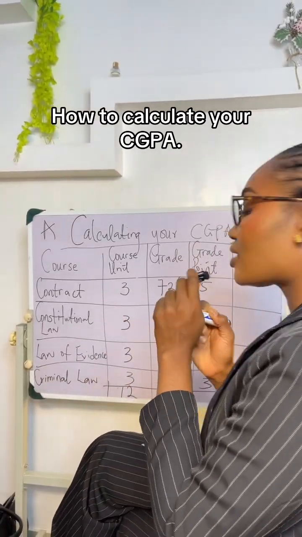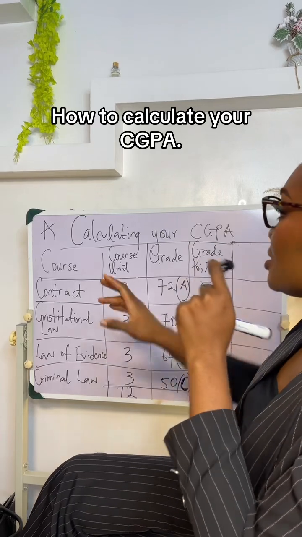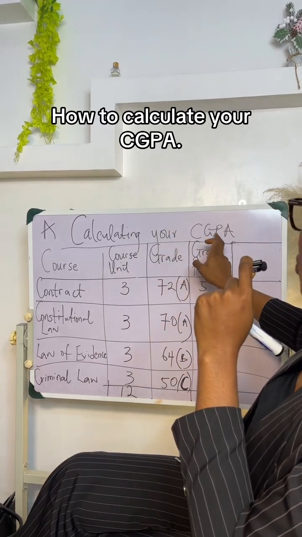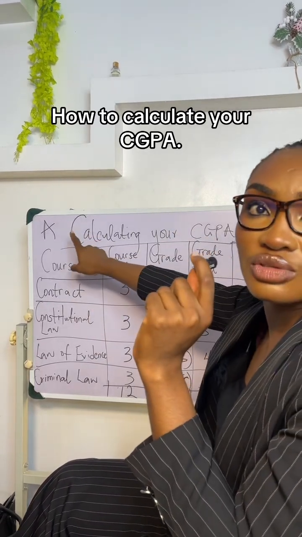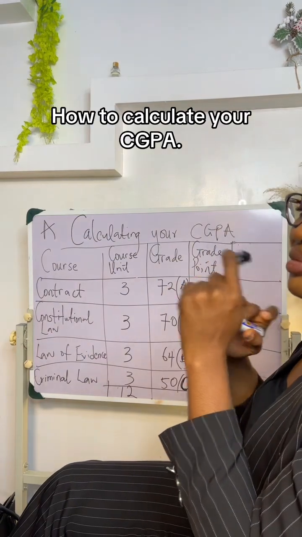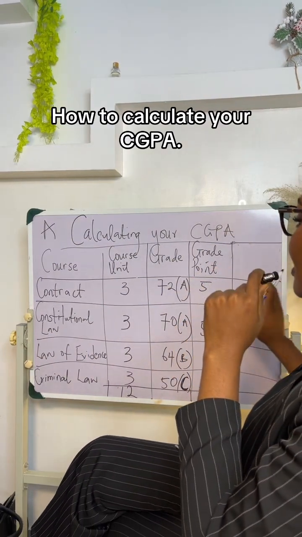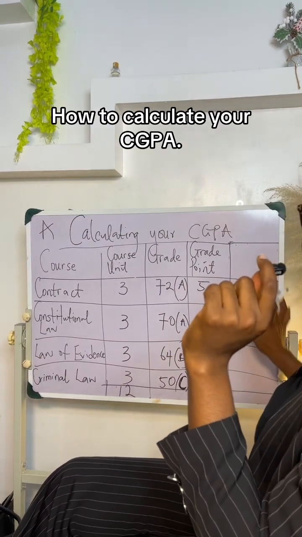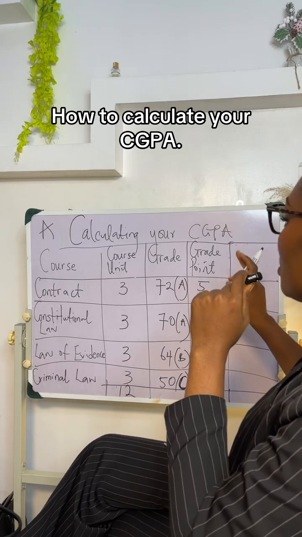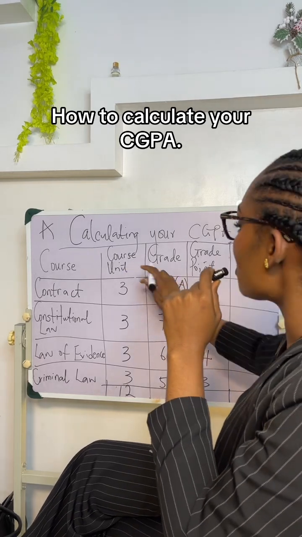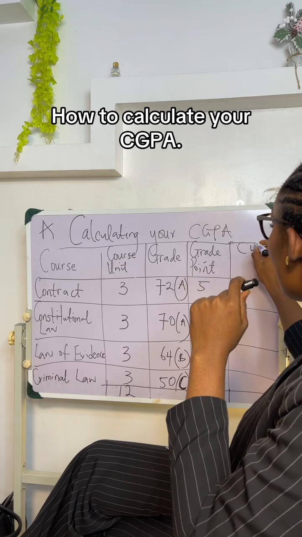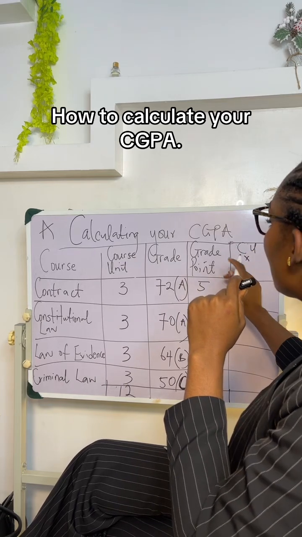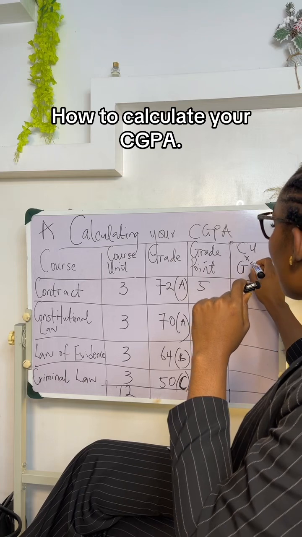Now, in order to get the CGPA, which is cumulative grade point average of this hypothetical student A, there is something we have to do. And this calculation we are going to be looking at right now is where we multiply the course units, I will use CU, times the grade point, GP.